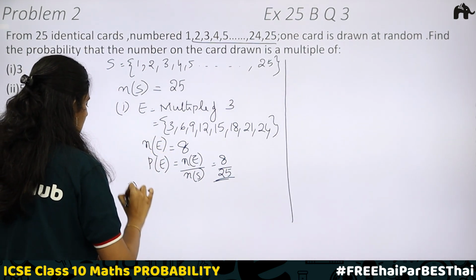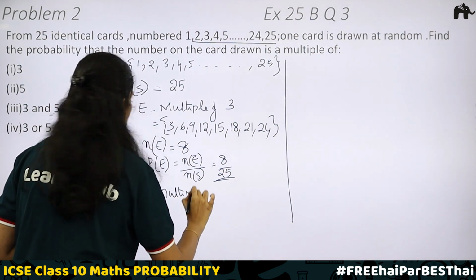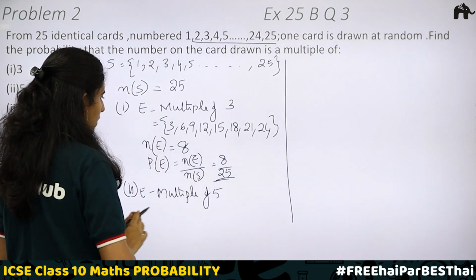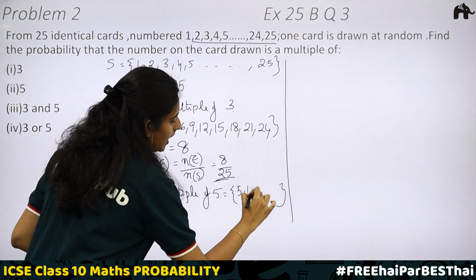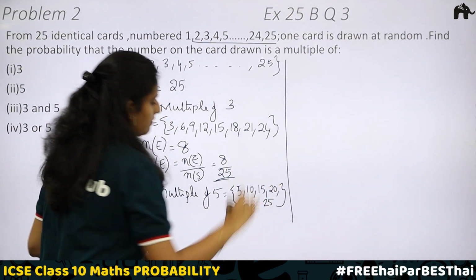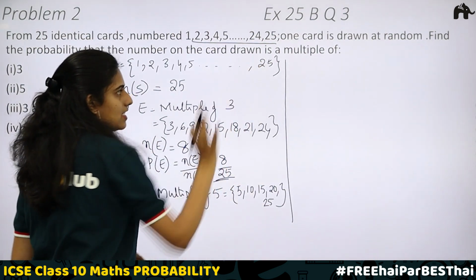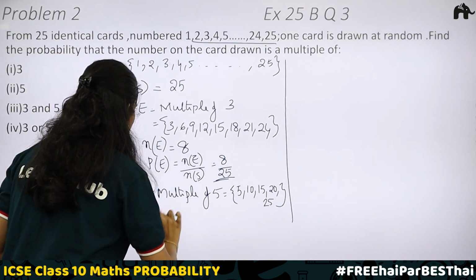Next, the second one. Here the event is multiple of 5. Multiple of 5. It includes 5, then 10, 15, 20 and 25. Can I include 30? No, we have only cards numbered up to 25. So what is N of E?